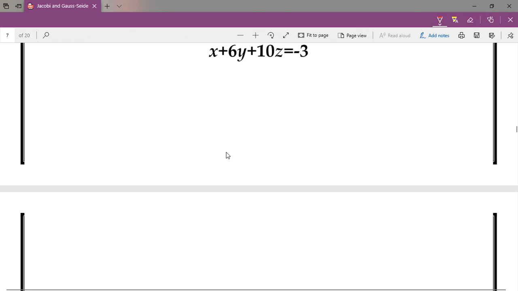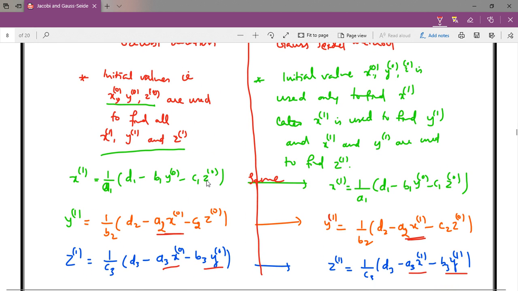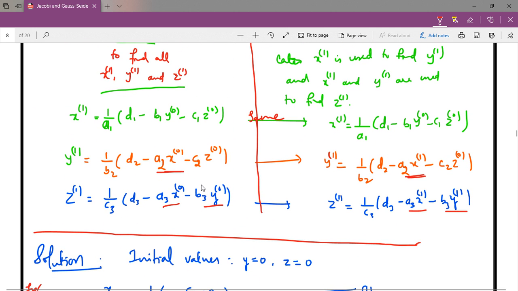We solved the same problem by the Gauss-Seidel method and obtained a solution in very few steps. We also saw the difference between the Jacobi iteration method and the Gauss-Seidel method. I hope you have followed this difference. While finding x1 there is no difference.